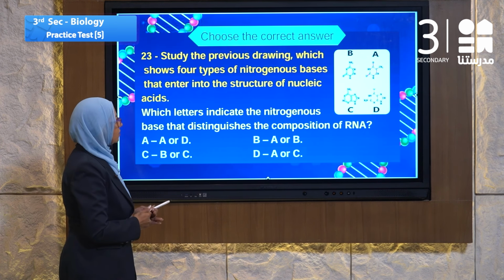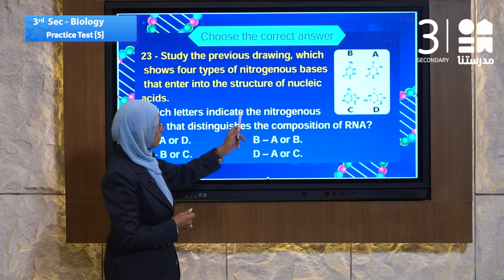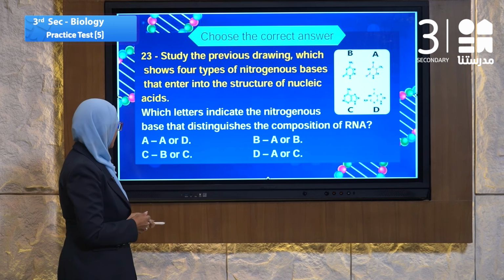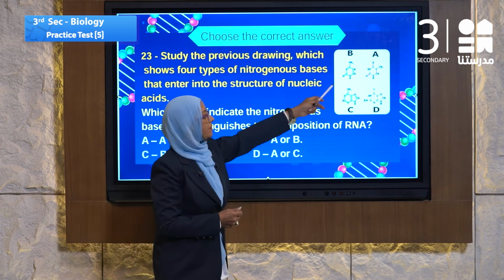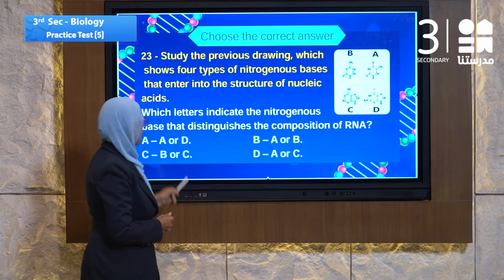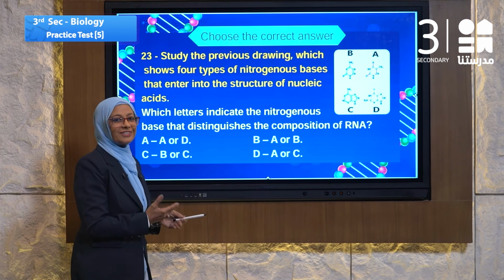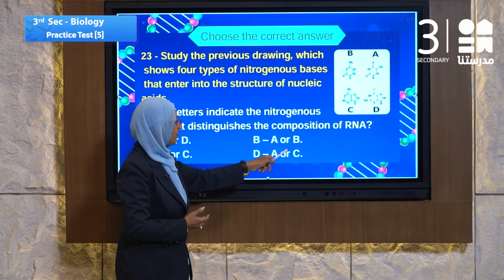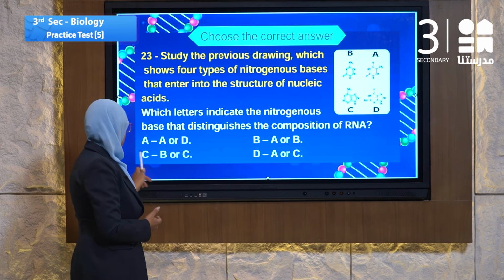So, we distinguish the composition of RNA from the other by one ring, A and B. Let's read the choices first. A and D, no. A or B, yes.